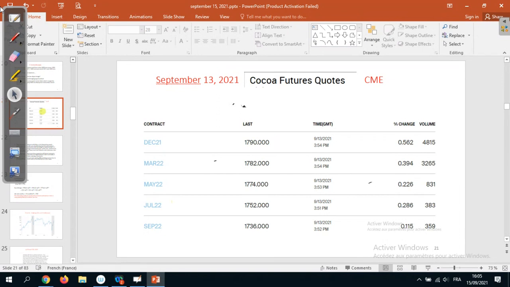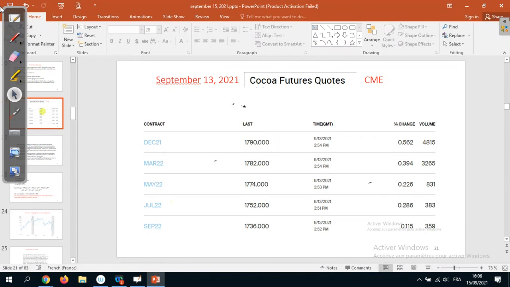And it's the reason why the market is in backwardation. The other explanation could be that traders think that the cocoa price will move up also, probably because the demand will go up. Maybe the supply will go down, but I don't know yet the supply in the producing region.